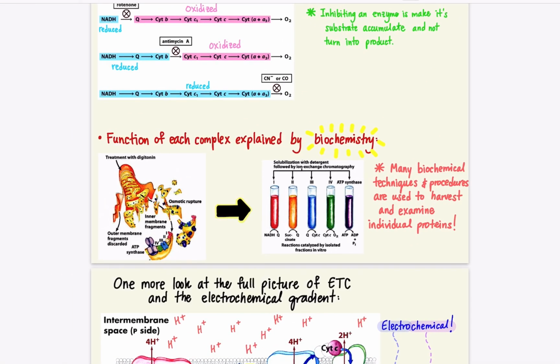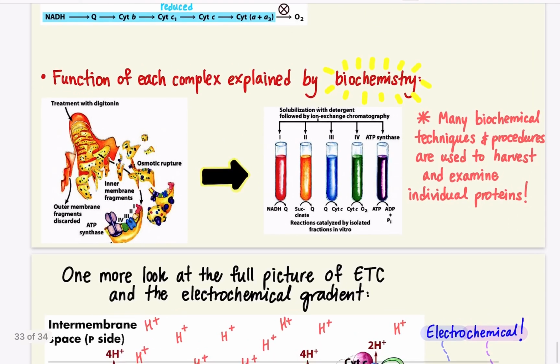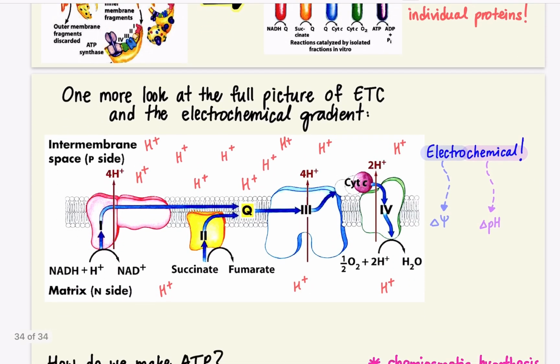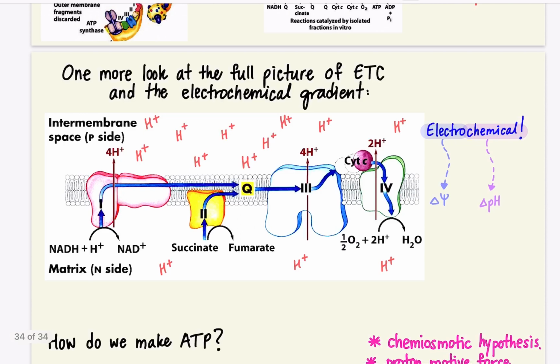Okay. Now that we know all of that, let's take a look at the full picture once again, and let's talk about this whole electrochemical business and what this is. Okay, so over here we have complex 1, complex 2, complex 3, and complex 4.